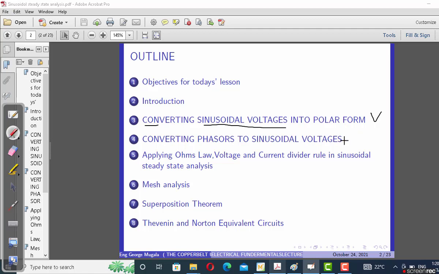We can also look at converting phasors to sinusoidal voltages. When we say phasor, we simply mean we're converting the polar form, because the polar form has the phasor angle and also the magnitude. So a polar form number may look something like this.